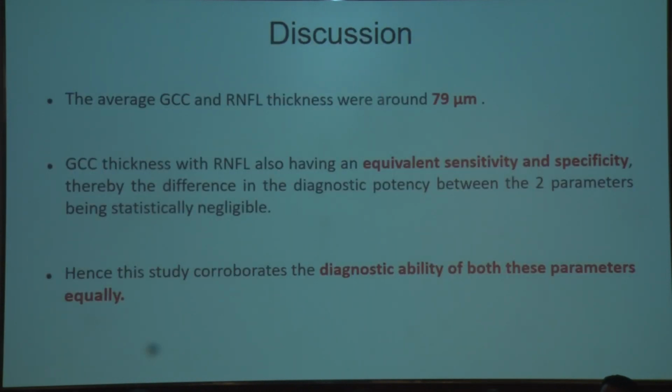Moving on to my discussion, the average GCC and RNFL thickness were around 79 microns, very similar. GCC thickness and RNFL also have an equivalent sensitivity and specificity, as I had mentioned in my AUROC curves, thereby the difference in the diagnostic potency between the 2 parameters being statistically negligible. So from this, my study corroborates the diagnostic ability of both these parameters equally.